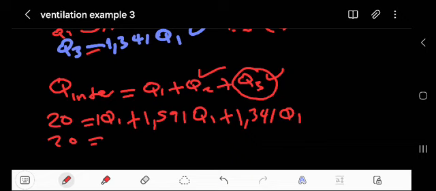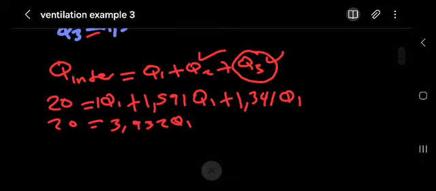This is 3.932, but we have Q1, do not forget.